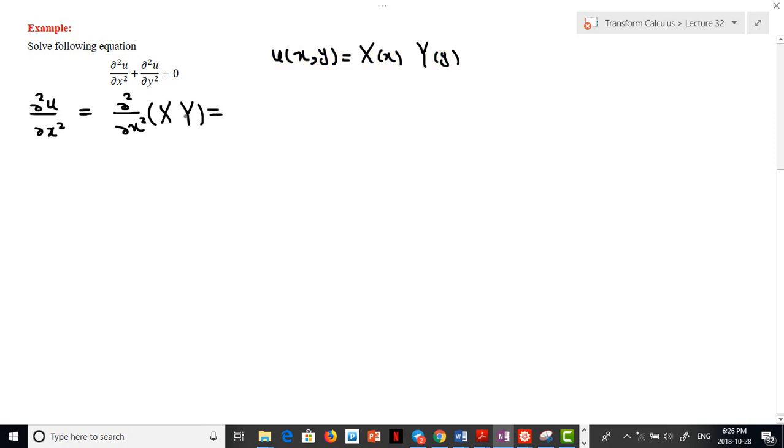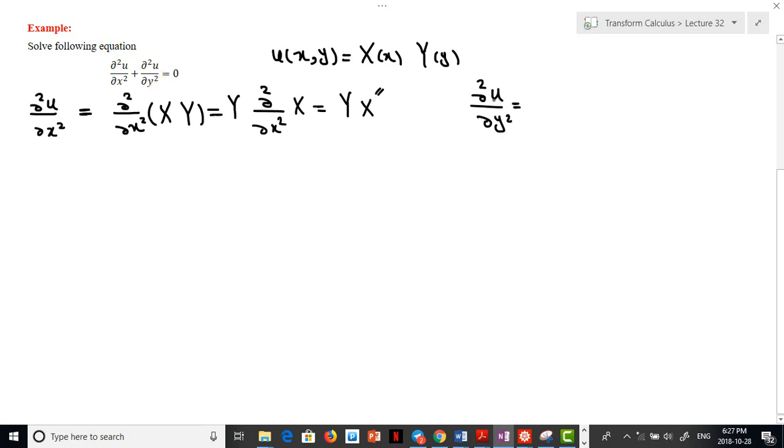We know that Y capital is a function of y. As a result, when you take the derivative with respect to x, it acts like a constant. You can take it out. So you have the second derivative of X with respect to x, which means it's equal to Y times X double prime. Now we have to find the second derivative of u with respect to y.